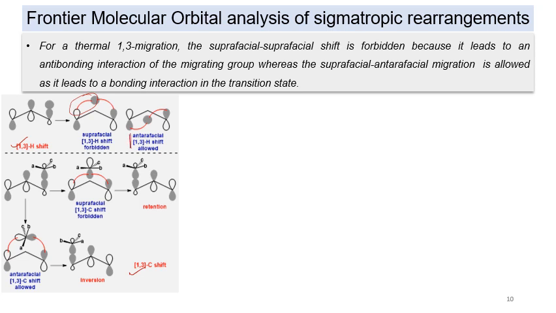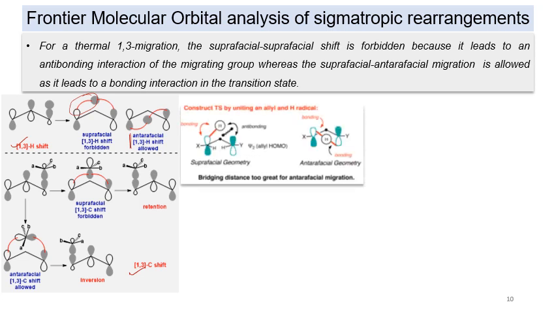If you see the 1,3 carbon shift, the suprafacial is forbidden with respect to the pi system. Why is this forbidden? Again, we are seeing here an antibonding overlap.